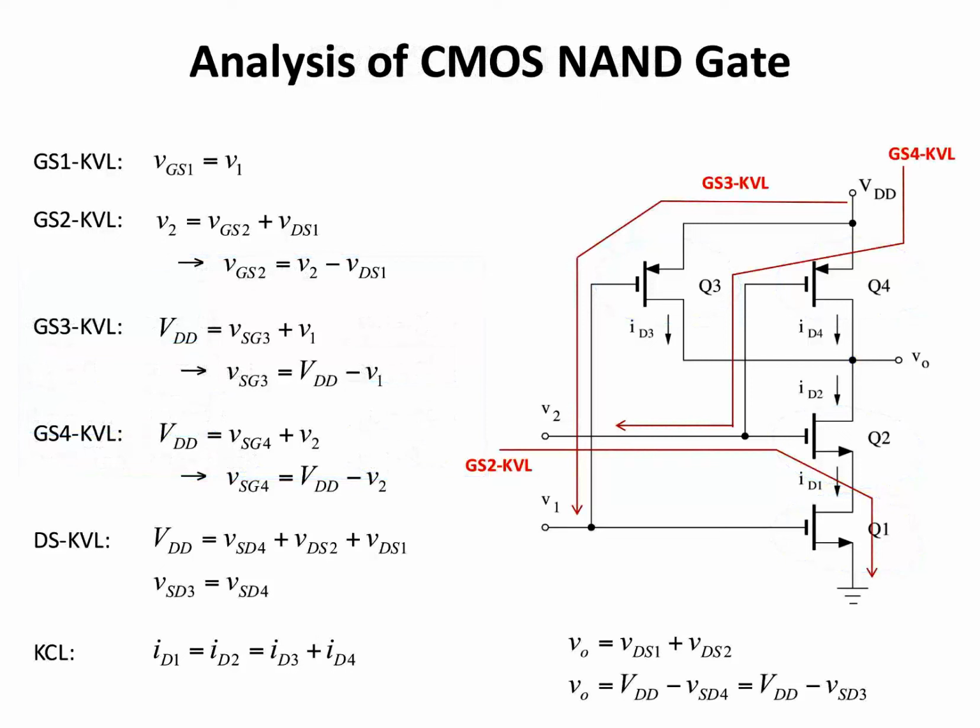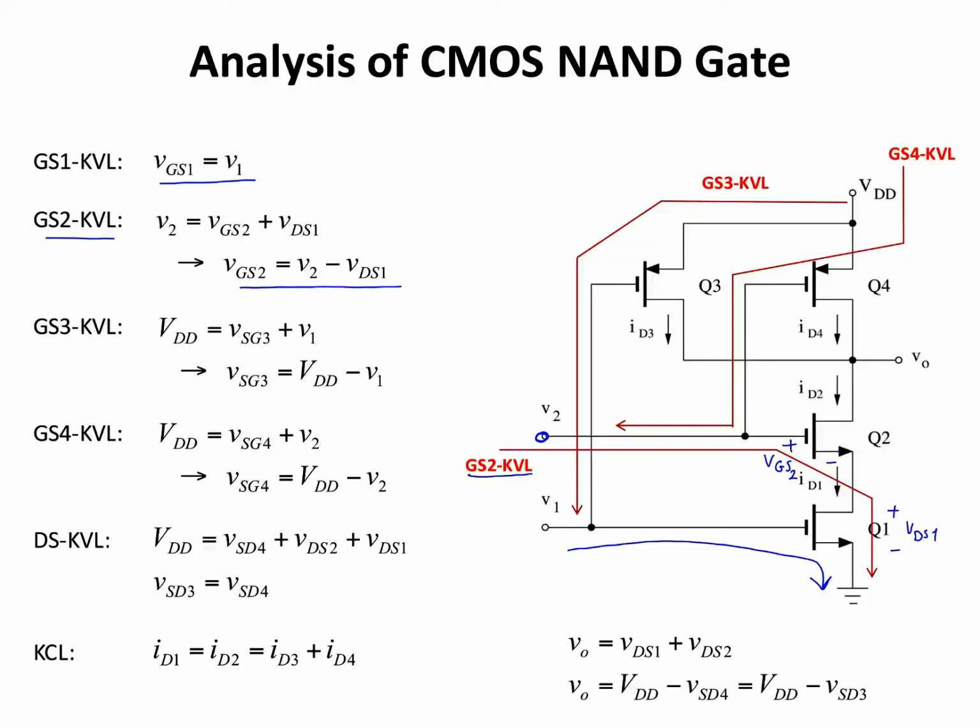Let's take a look at the circuit equations for this CMOS-based NAND gate. The gate-to-source KVL for transistor 1, which is this loop here, tells me that VGS1 equals V1. The KVL for gate to source of transistor 2 tells us that V2 equals VGS2 plus VDS1, or VGS2 equals V2 minus VDS1.